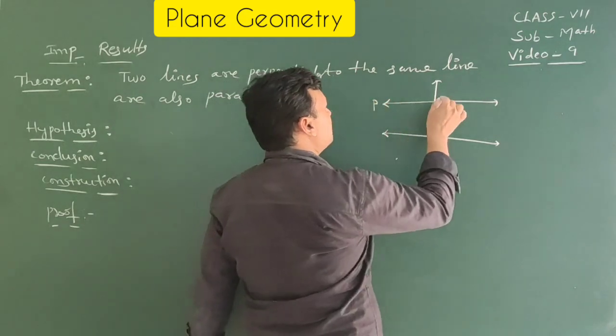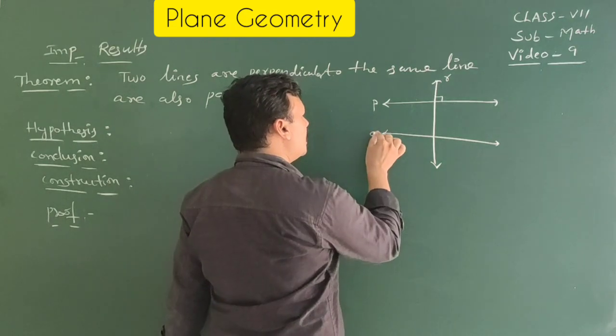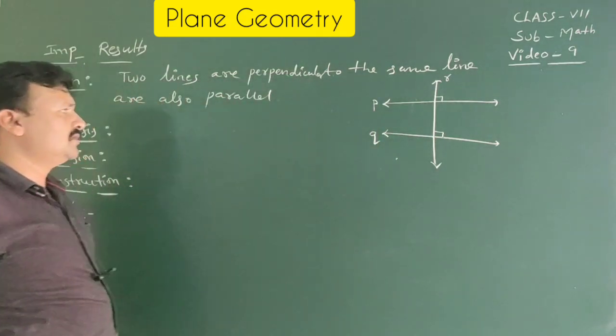Now, P is perpendicular to R and Q is also perpendicular to R. We need to prove P is parallel to Q.